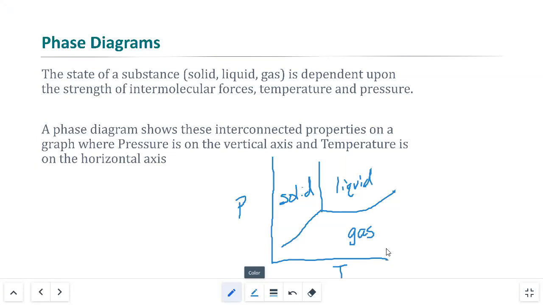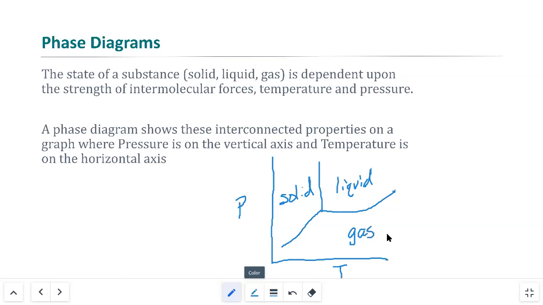Now, the positions of the solid, liquid, and gas relative to their temperature and pressure have everything to do with intermolecular forces. One generally good rule of thumb is that the stronger the intermolecular forces are, the bigger your liquid and solid regions are going to be. Because liquids especially are basically governed by intermolecular force.